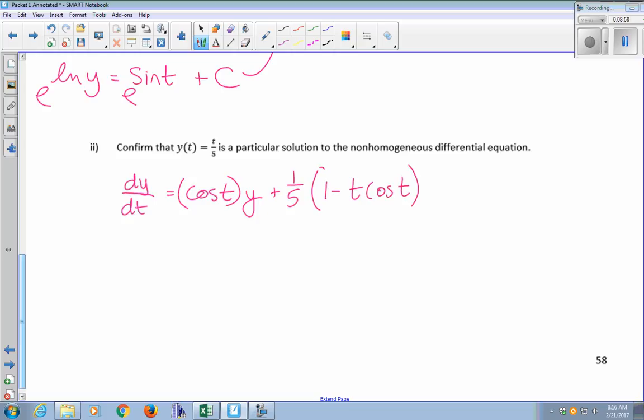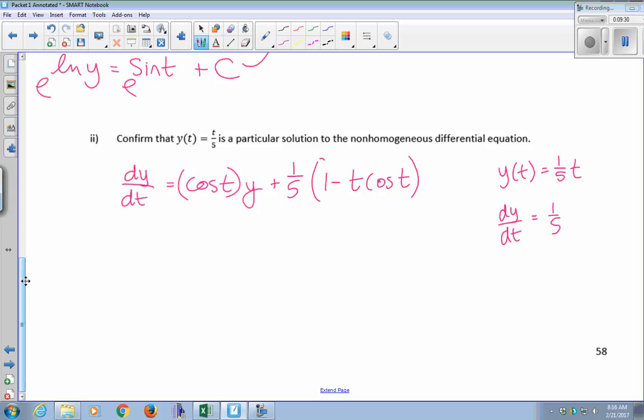Okay, so my potential solution is y of t equals 1/5 t, t over 5, same thing, right? So if y of t is 1/5 t, what's dy dt have to be? 1/5. Okay, so I'm going to take these two pieces of information, plug both of those into the original differential equation and see if the left side equals the right side. That's how we check that a solution is true.